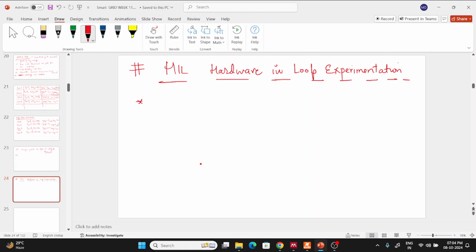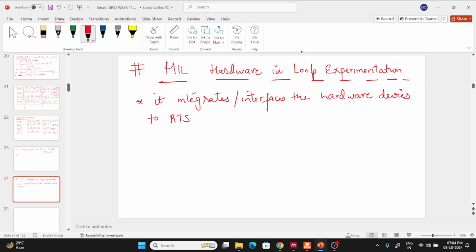So actually, what it does, it will interface the hardware devices to real time simulators.